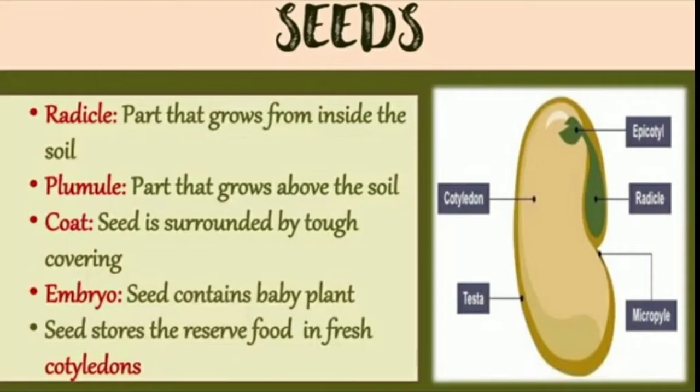These seeds store the reserve food in fleshy cotyledons. The substance which is present inside the coat of the seed is called the embryo, which contains the baby plant, and it stores the reserve food in fleshy cotyledons.